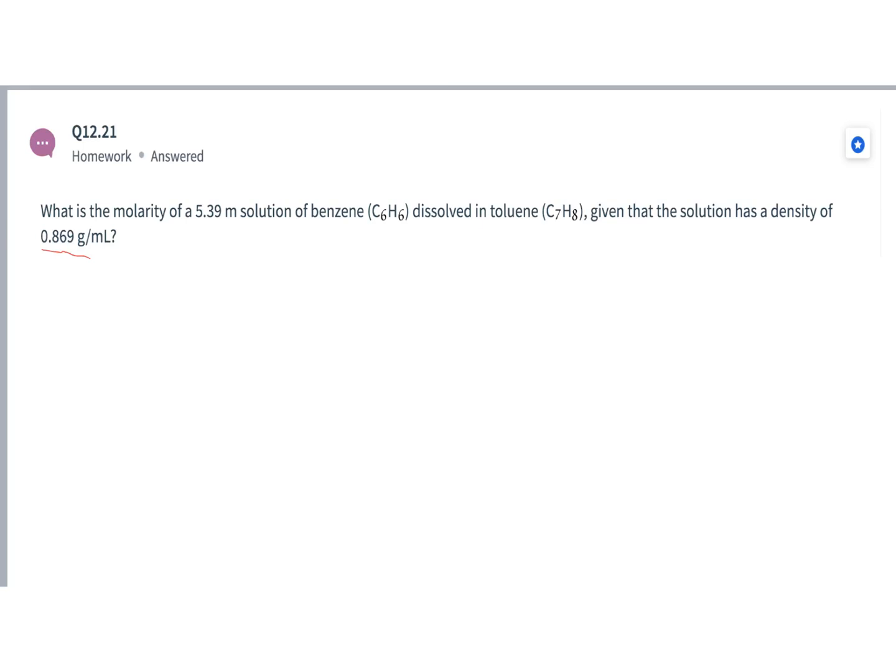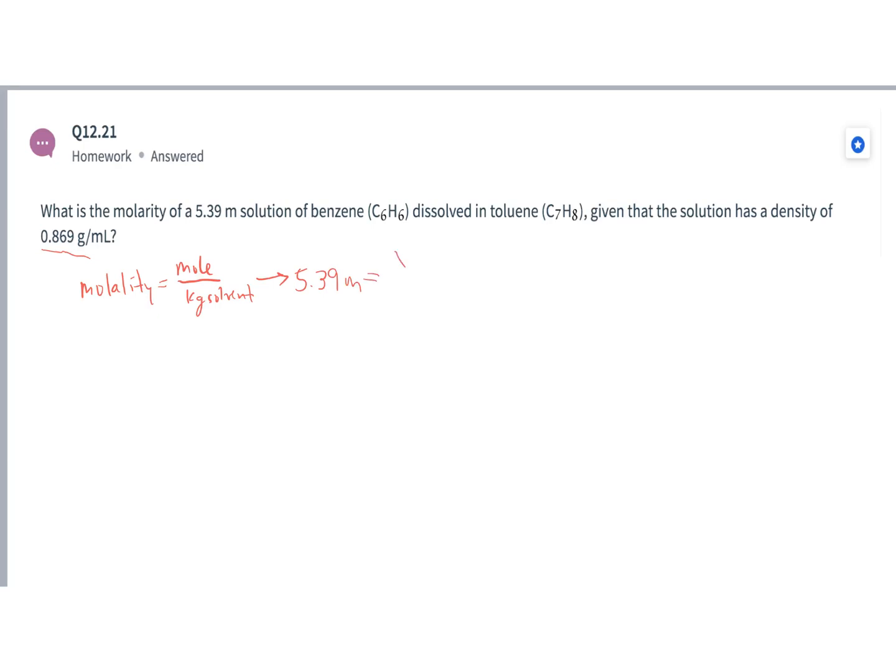So we can use this molality to find moles of benzene. And remember, molality is moles per kilogram of solvent. And I think this is where many of you are making a mistake, because we can say, okay, sure, 5.39 molal is my solution.